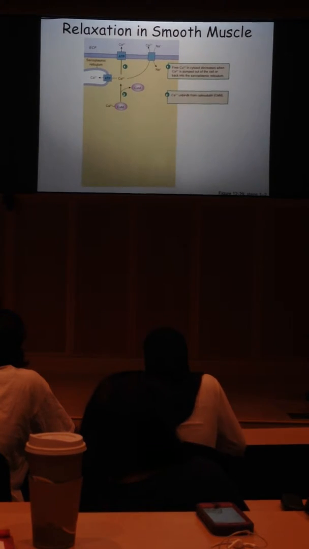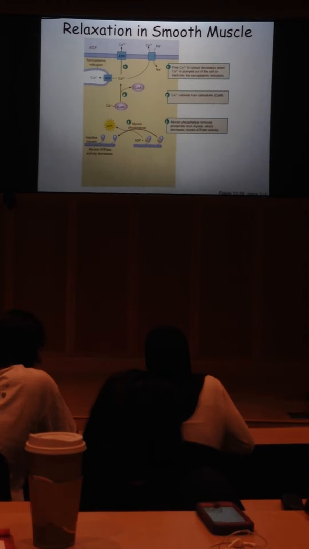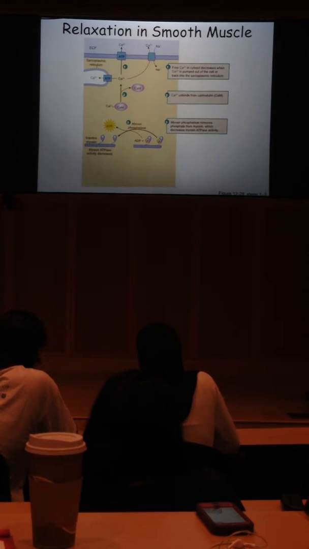And when that happens, calmodulin will leave myosin light chain kinase, and it will be inactive. However, even though you have an inactive myosin light chain kinase, myosin is still phosphorylated. So in order to lose this phosphate from myosin, another enzyme has to come in, called myosin phosphatase.